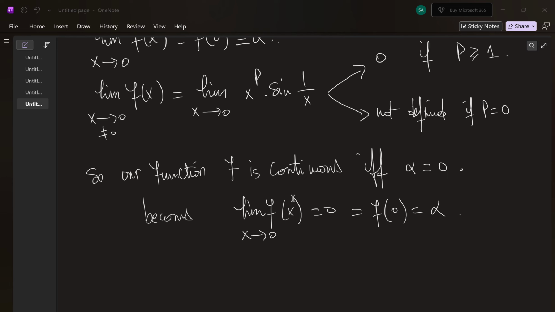So this is the next exercise. Find the values of a and b to make the function f continuous over the given interval.